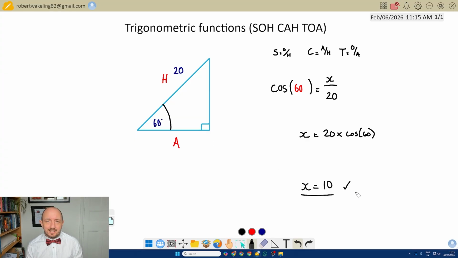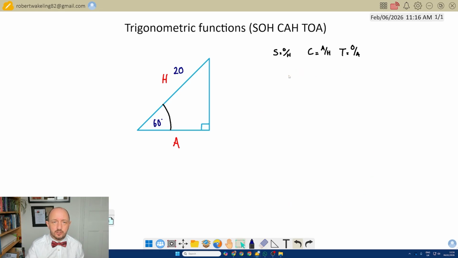Now I wish we could finish it there, but unfortunately we also have this type of question where we have two of the sides. Oops, let's just rub these out. So two of the sides are given to us, and we actually have to find the angle.